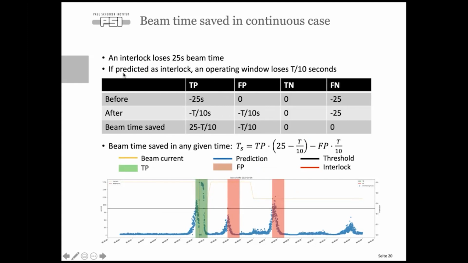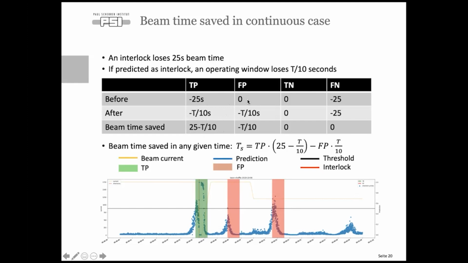And if the model predicts there is going to be an interlock, we would have an operating window which loses t over 10 seconds. So if we have a true positive, before we take the operation, we would lose 25 seconds, and after the operation, we would lose t over 10 seconds instead. So in the end, we actually saved 25 minus t over 10 seconds.